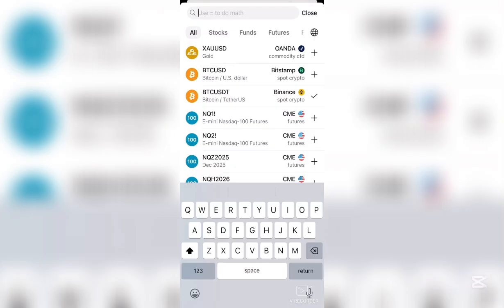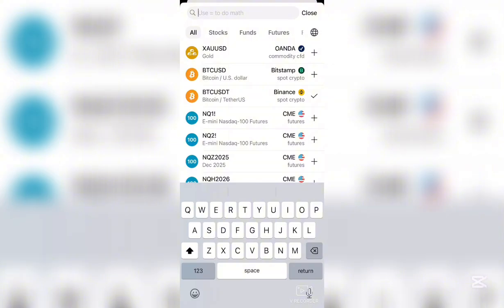Now TradingView is used to monitor all markets, whether stocks, futures, margins, indices, bonds, economy, options, forex, or crypto, and here you have the option for all.